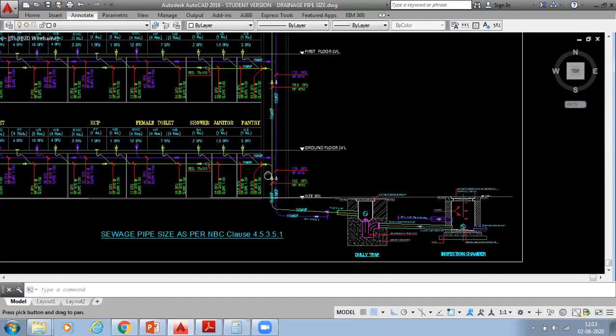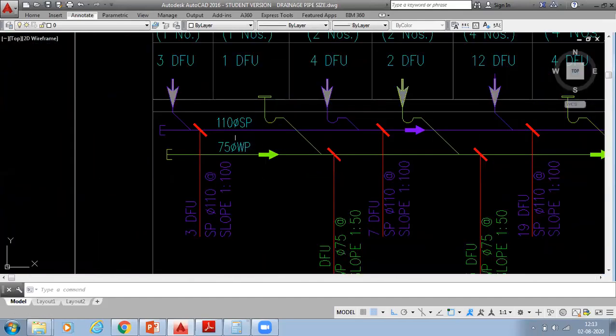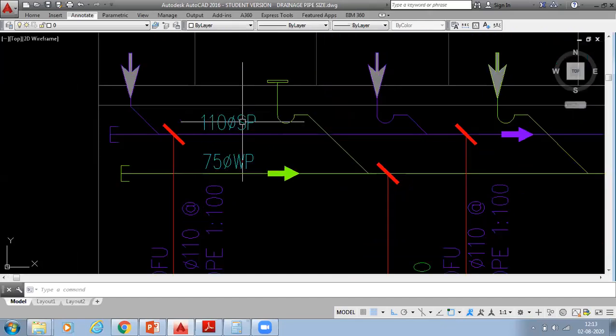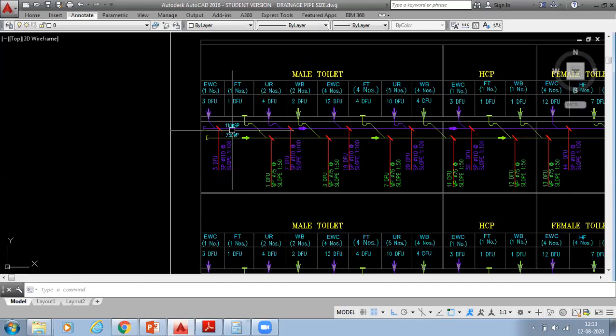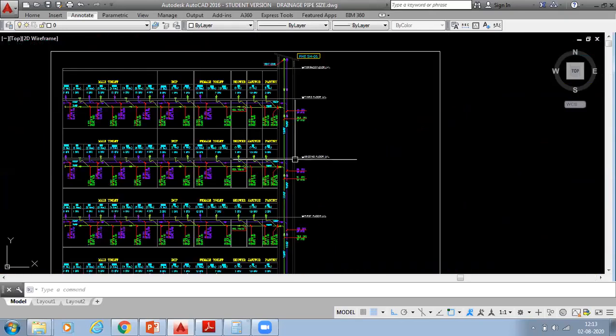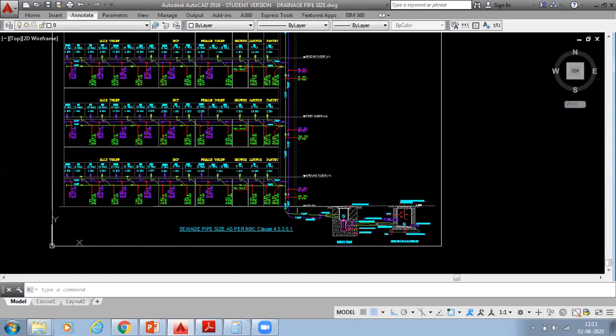Already I told you the starting pipe size: for the waste pipe we have to mention 70 mm, and for the soil pipe 110 mm. I have told you this is the standard starting. If you have fewer fixture units also, you have to maintain the header pipe size 75, 110 like that. Vertical also the same thing. Based on the flow rate, you have to increase the vertical.